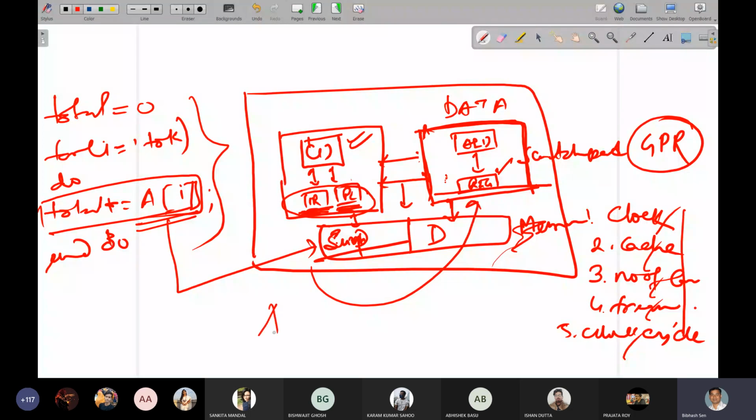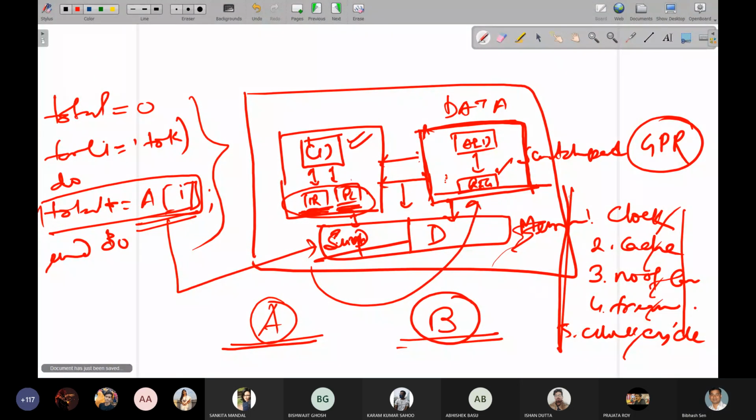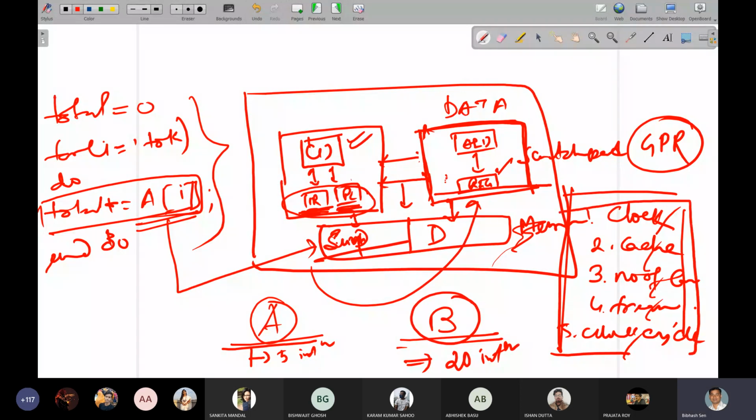I found processor A and processor B, made by different companies. All these are the same. Now my question is that processor A has 5 instructions, processor B has 20 instructions, but all the factors we're telling are the same in both A and B.